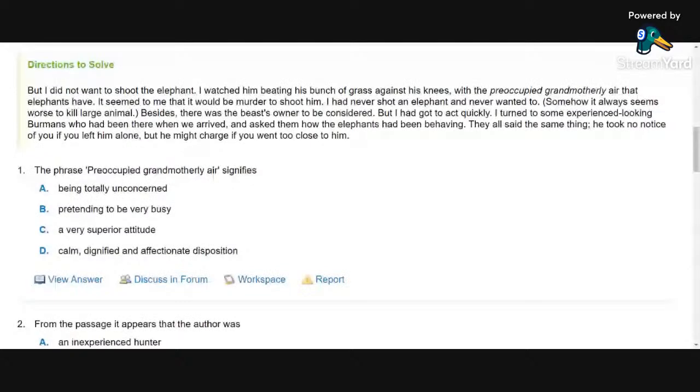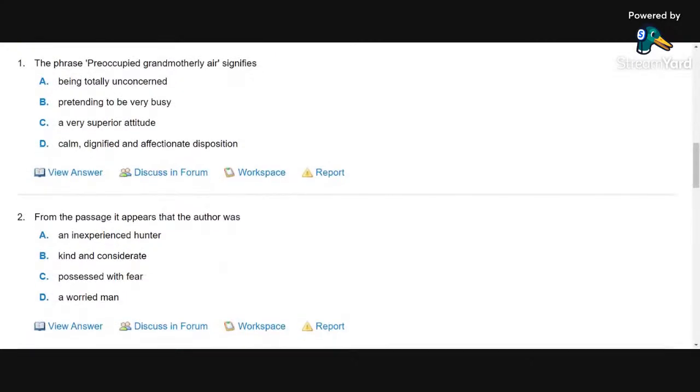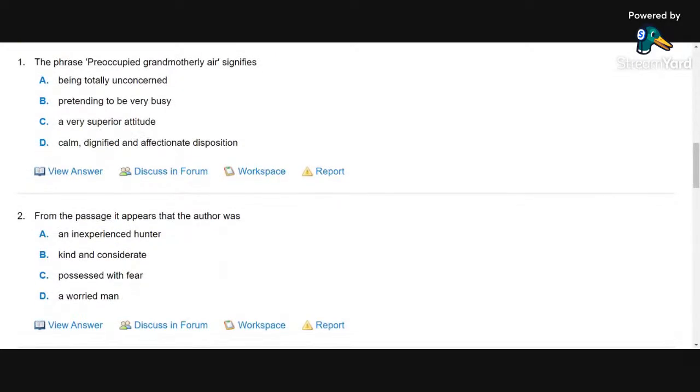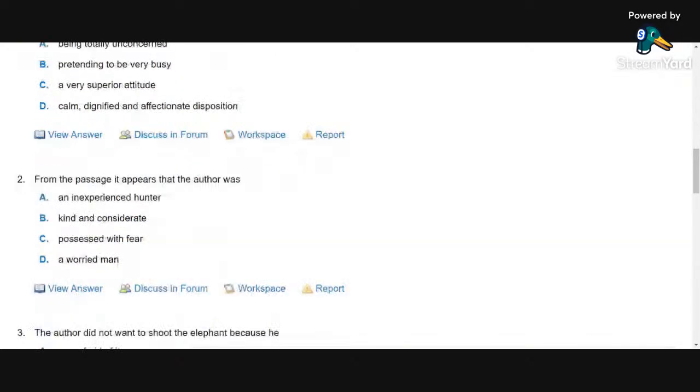Correct. So let's see the second question. From the passage, it appears that the author was what? Option A, an inexperienced hunter; B, kind and considerate; C, possessed with fear; D, a worried man. What do you think is the right answer?